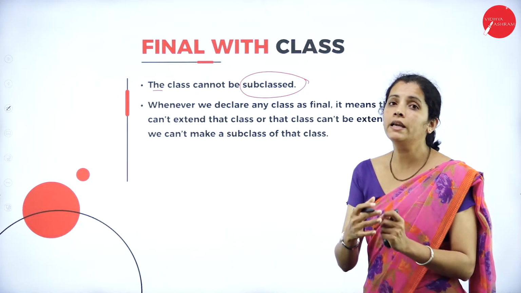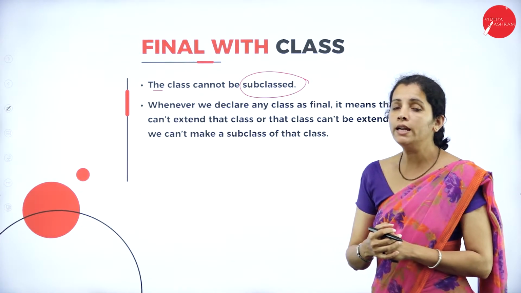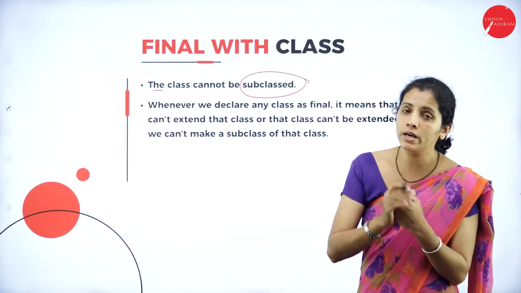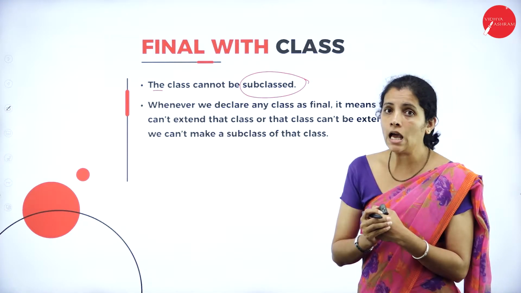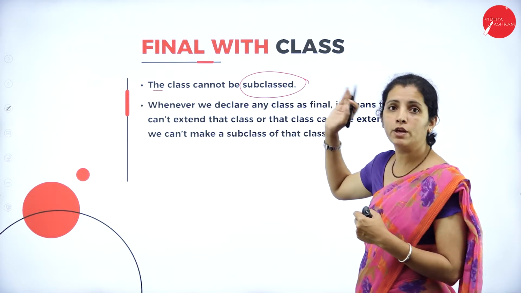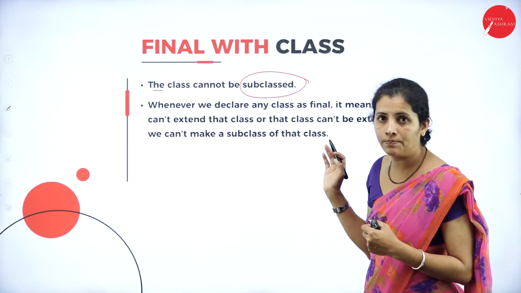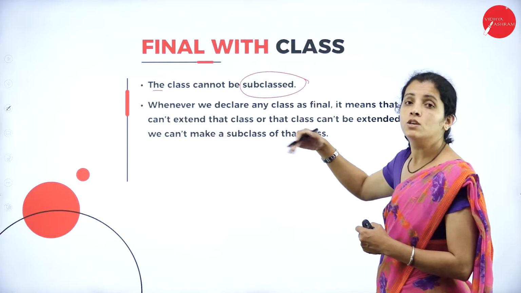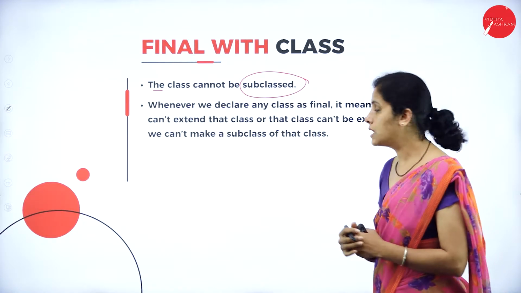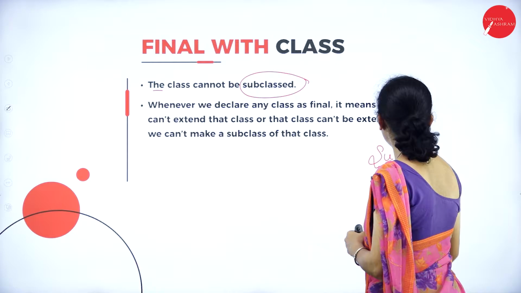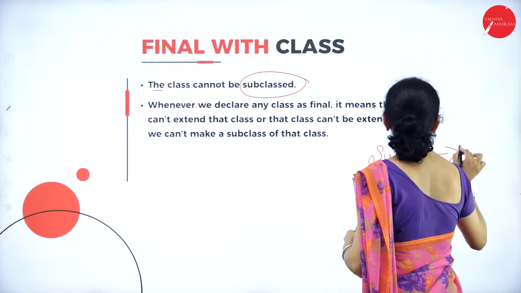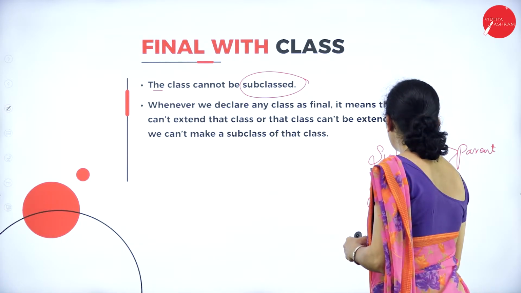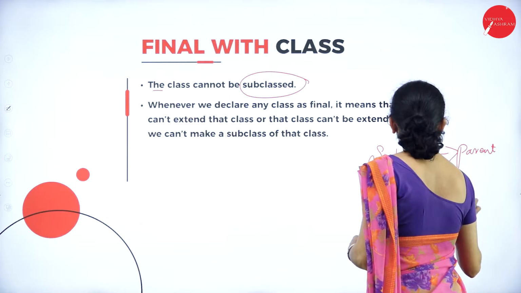That is inheritance. Suppose a child class wants to acquire the properties of a parent class, then we have the concept called inheritance. In inheritance, we come across superclass and subclass. The superclass is the parent class, and the subclass is the child class.